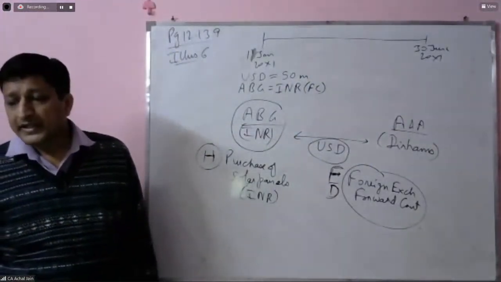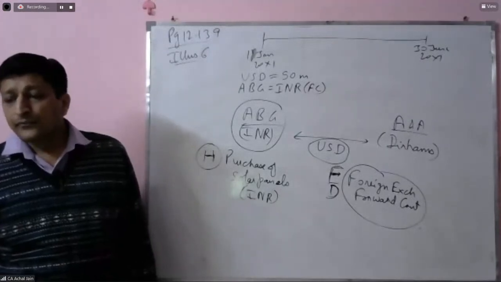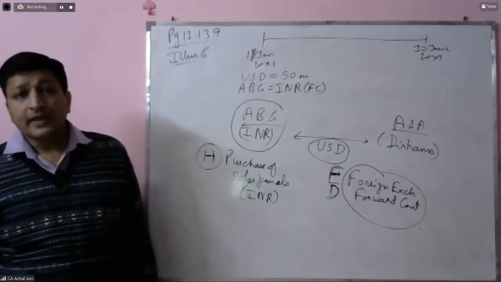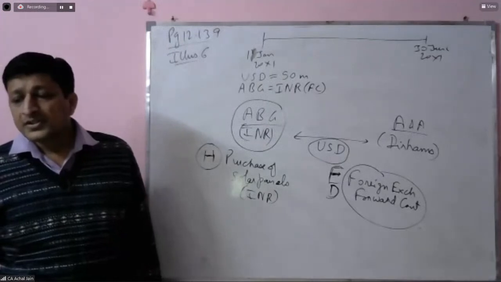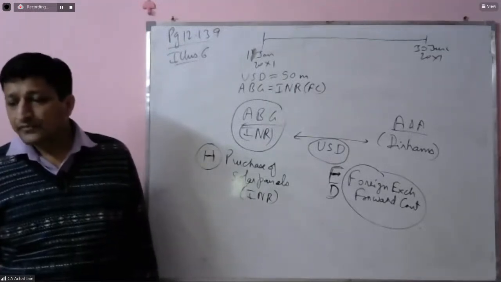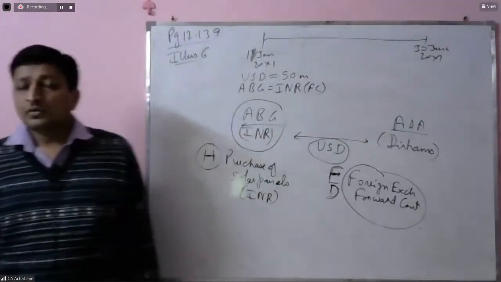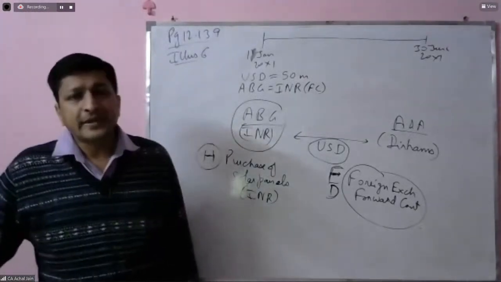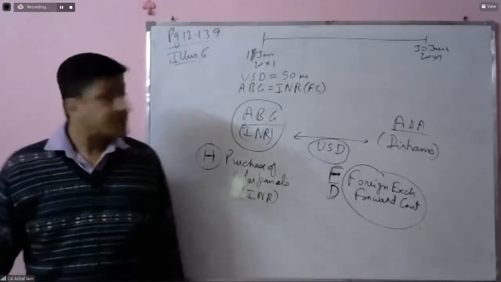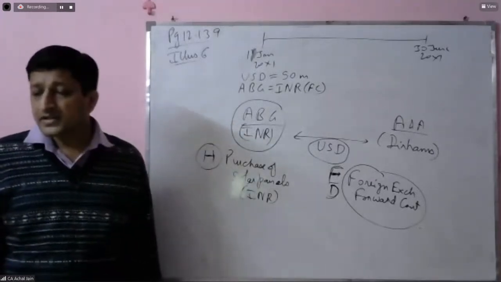on maturity is INR 50 million into 66 minus 65, which is equivalent to INR 50 million. And why are we saying 66 minus 65? Let's understand.